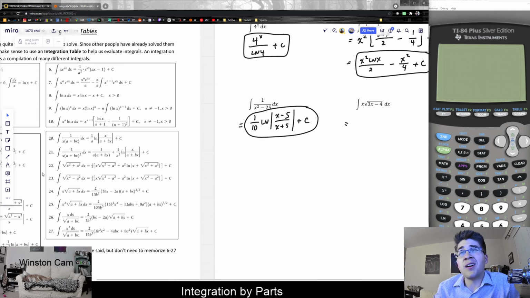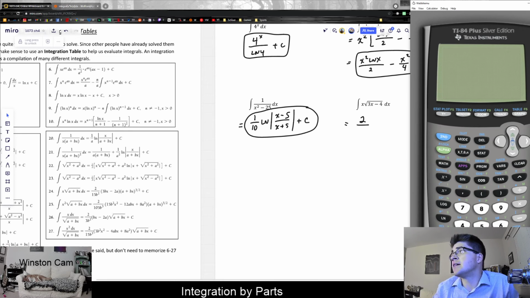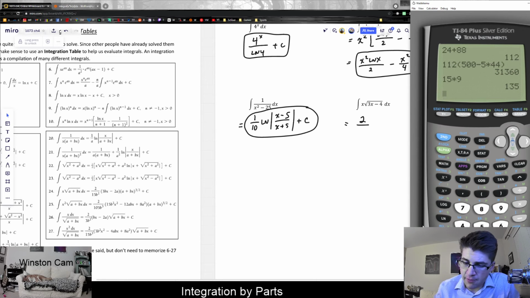So we would get, well, it says 2, this one is quite a complicated formula, 2 over 15 times b squared. And again, b is 3. So 2 over 15 times 9, I'm too tired to try to do that math in my head right now, is 135. And that would be multiplied by, it says 3bx.